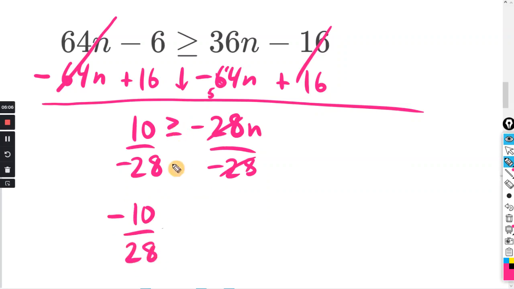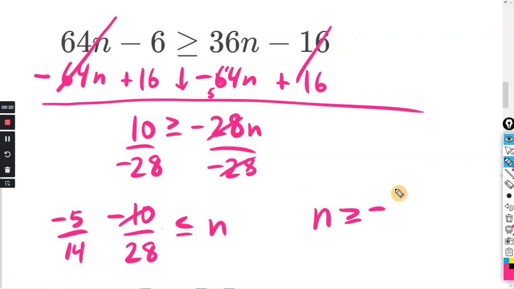And this gets reversed. Instead of pointing to the right, it's going to point to the left, and we still have n. Remember, they said we have to reduce fractions. These are both even. Negative 10 divided by 2 is negative 5. 28 divided by 2 is 14. So n is greater than or equal to negative 5 over 14.